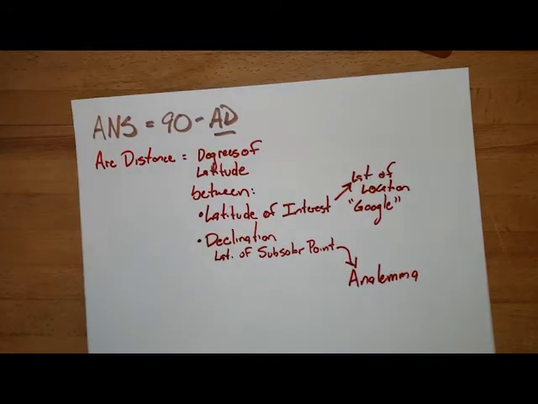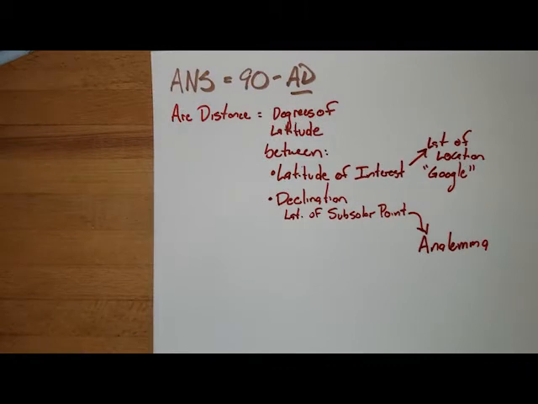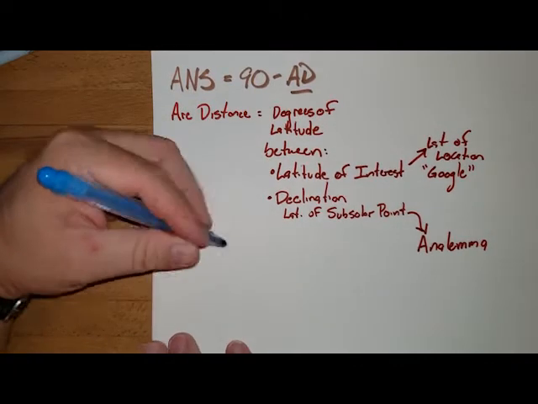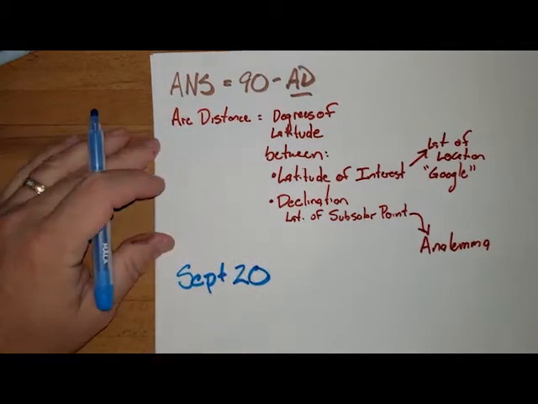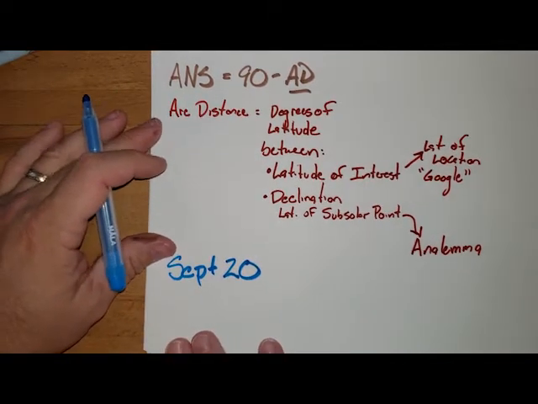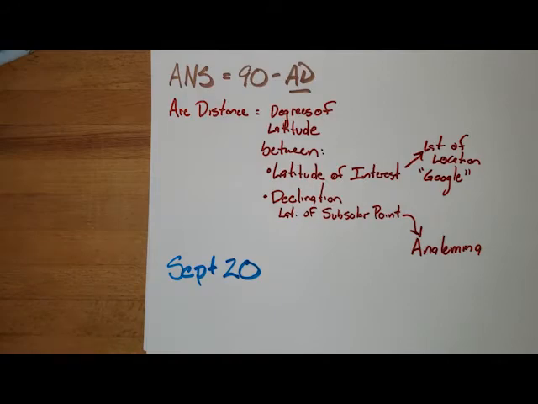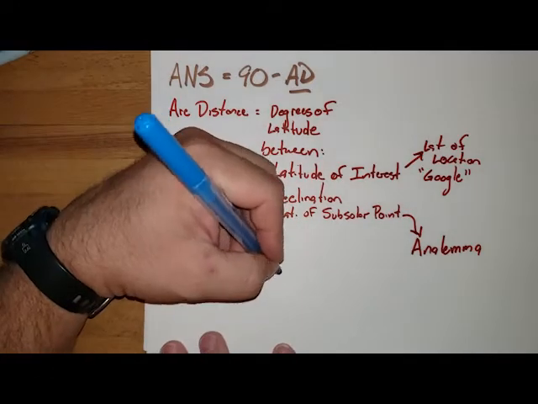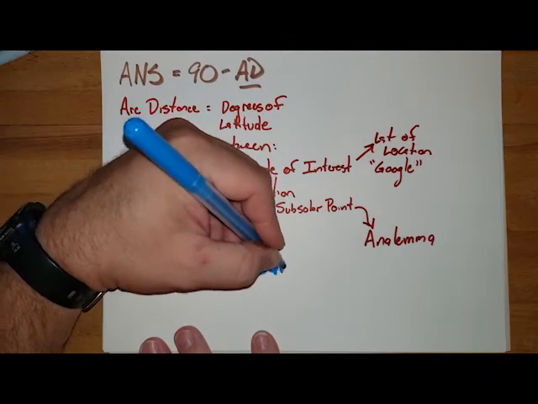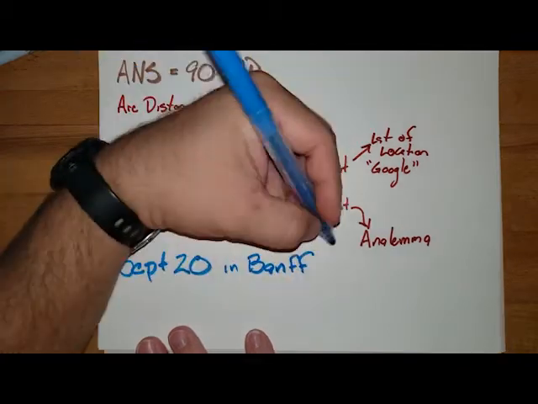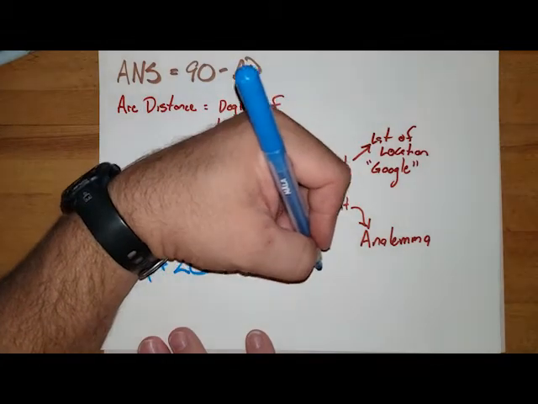So let's set up our problem. My birthday is September 20th. That's the date. And if I could go anywhere for my birthday, I think I would go to Banff in Alberta, Canada. It's a cute little town tucked into the Canadian Rockies.